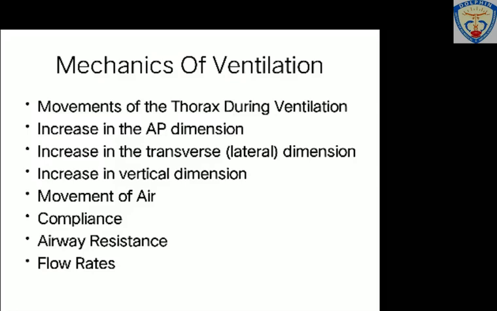Second, increase in the anteroposterior dimension. There is a forward and upward movement of sternum and the upper ribs described as a pump handle movement as we described earlier. The thoracic spine extends or is straightened up, enabling the greater excursion of the sternum.